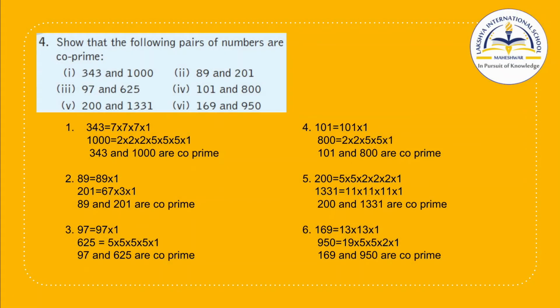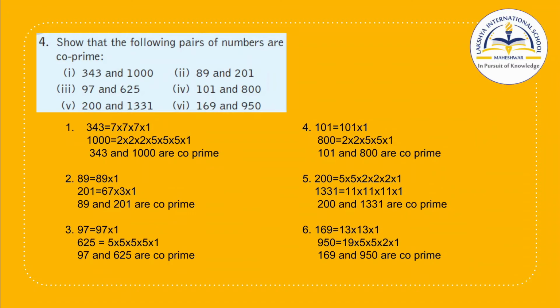Now question number 4. Show that the following pairs of numbers are co-prime. What is co-prime? Co-primes are the numbers which only have one as common factor. को-प्राइम मतलब उसमें दोनों नंबर्स में केवल एक कॉमन फैक्टर होता है जो केवल 1 हो.